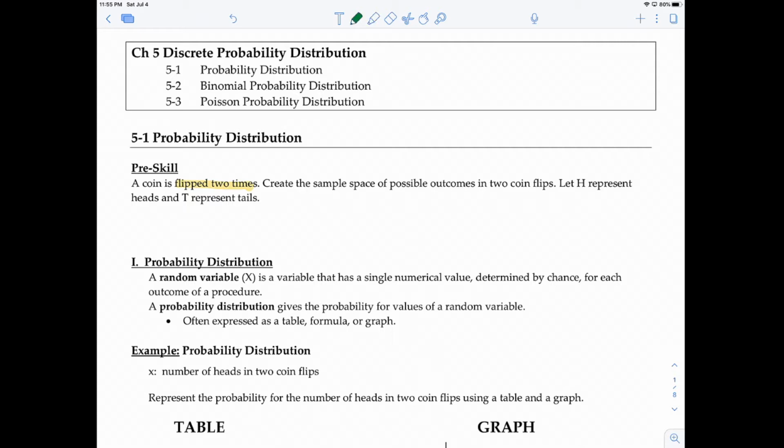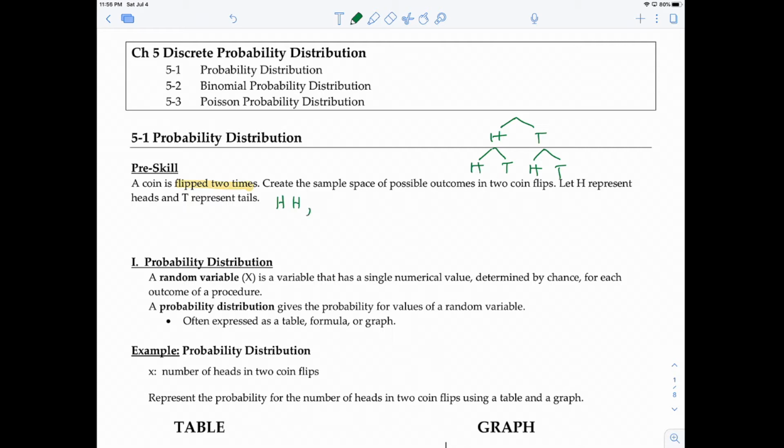So if we want, we can create a tree diagram. It's not too hard, so let's go ahead and do that. Or alternatively, we can just think about it and list all of the possible outcomes. For example, when you're flipping two coins, one outcome would be getting 2 heads.